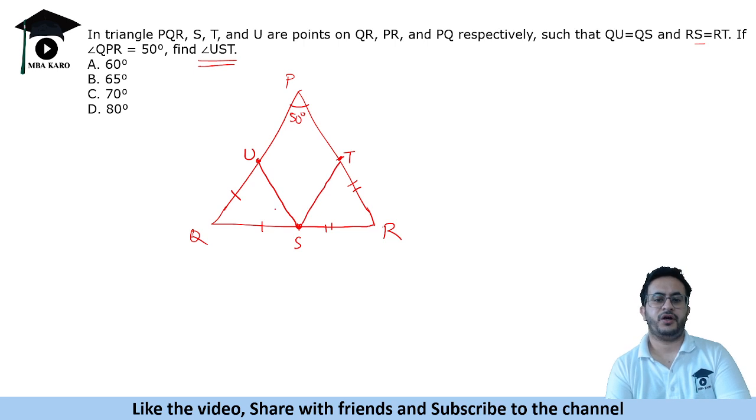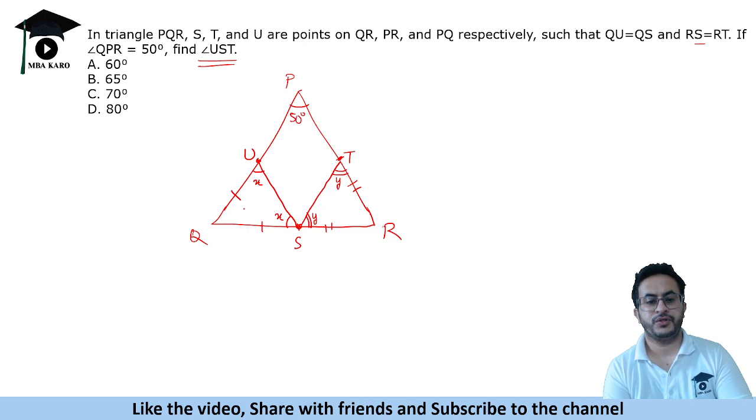Now we can see that these 2 triangles are isosceles triangles. In isosceles triangles, the angles opposite to equal sides are equal. So let us say this angle is X, so this will also be X. Let us say this angle is Y, so this will also be Y. So the third angle is going to be 180 minus 2X and this is 180 minus 2Y.